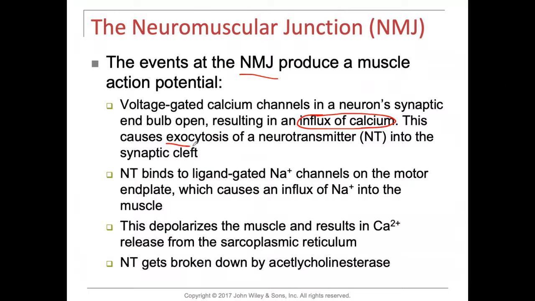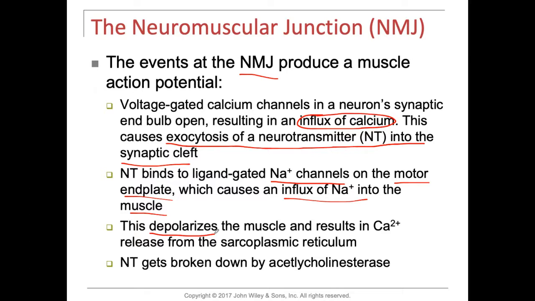That's what creates the exocytosis of the acetylcholine, which is the neurotransmitter that gets released into the synaptic cleft. That acetylcholine is going to bind to those sodium channels. Those sodium channels are on the motor end plate of the muscle. Now you get that influx of sodium into the muscle that creates the depolarization or the action potential.